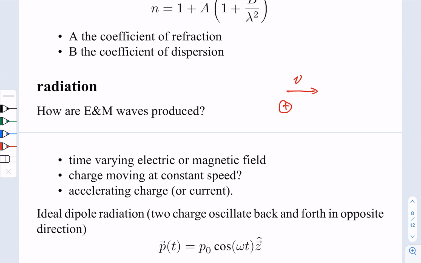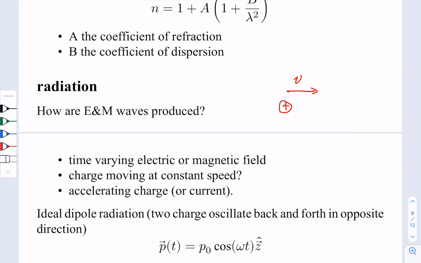So one of the simplest radiation patterns is called ideal dipole radiation. What I mean here by ideal dipole radiation is that consider I have two metals or two charges that are oscillating back and forth in opposite directions.